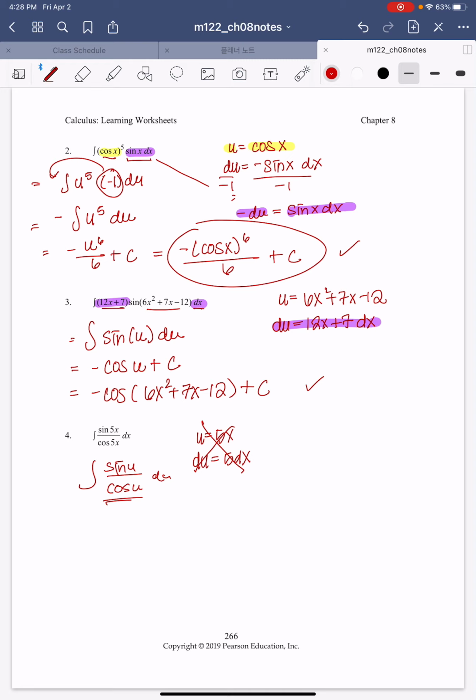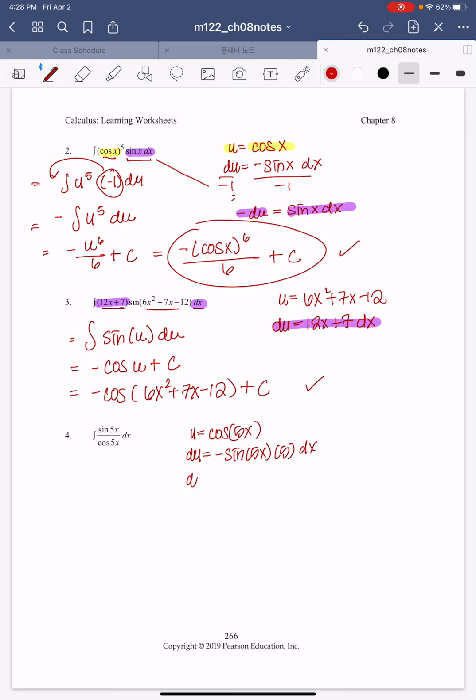So what are some options? Well, if I do one function as a u, I'm going to get the other one by the derivative, right? So you try a couple things. The u that works will be cosine 5x, the whole thing on the bottom. Then my du, the derivative of cosine is a negative sine, and then the 5 from the inside.